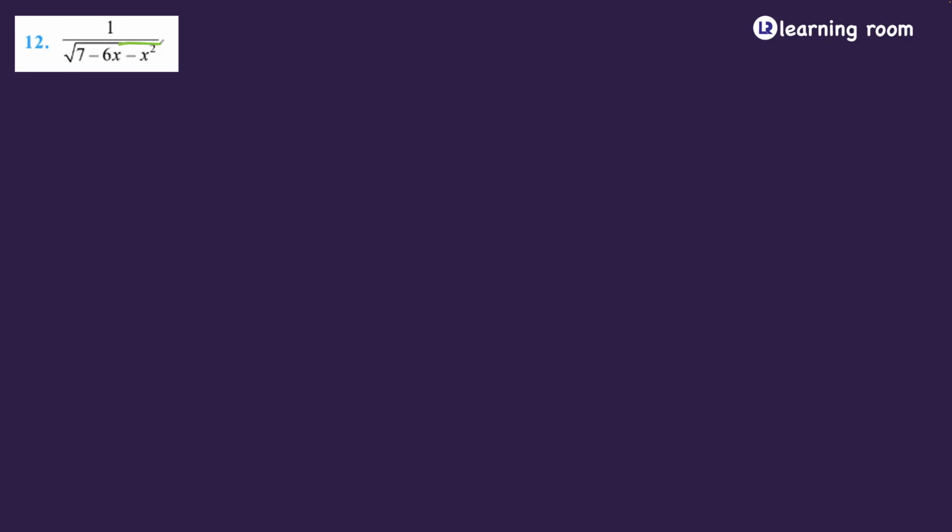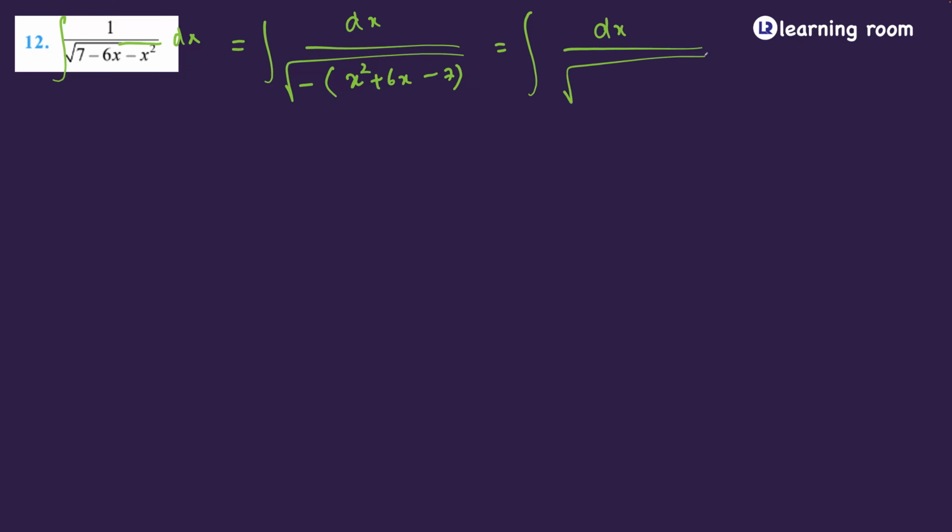Okay, listen. So the 12th question is integral of dx divided by root of 7 minus 6x minus x square. So here also we are going to follow the completing the square method. So integral of dx divided by square root of minus of x square plus 6x minus 7. Am I right? So this is equal to integral of dx divided by square root of negative of, it will be x plus 3 the whole square, right?